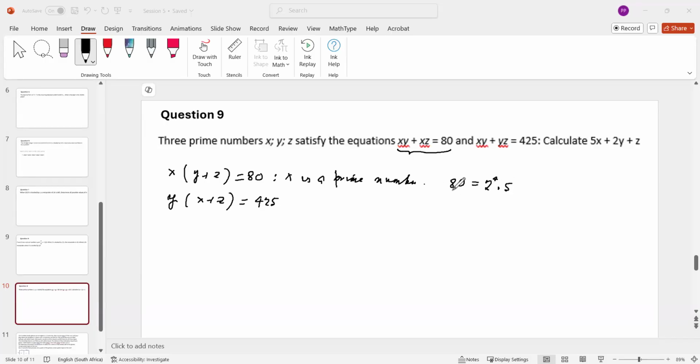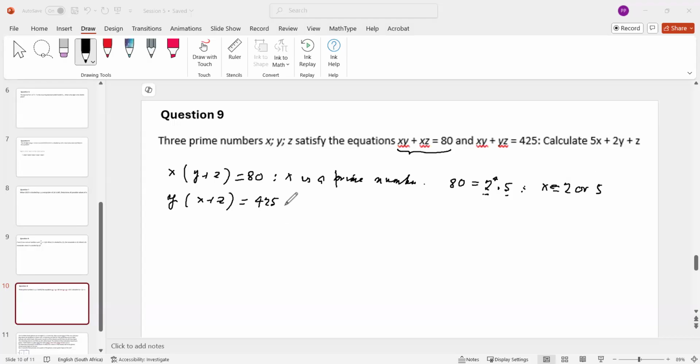So if x is a prime factor of 80, these are the only two prime factors. X is 2 or 5. All the others are not prime, because then you'll have 4 times 5 and so on, which is not a prime. So there are only two possible values for x.